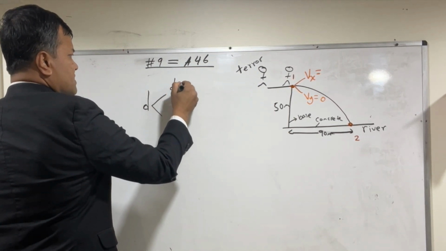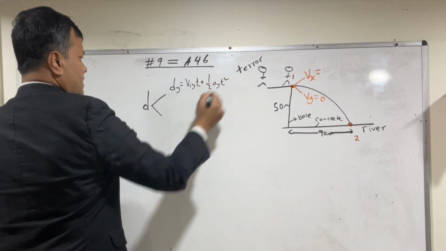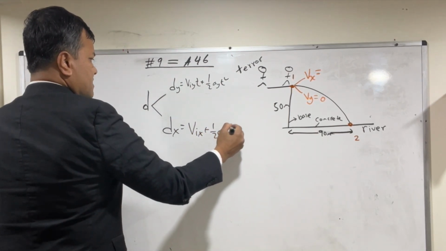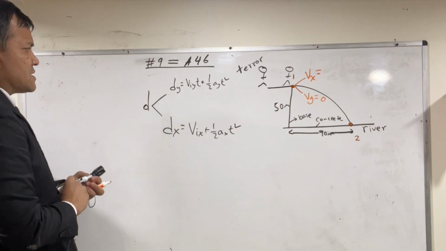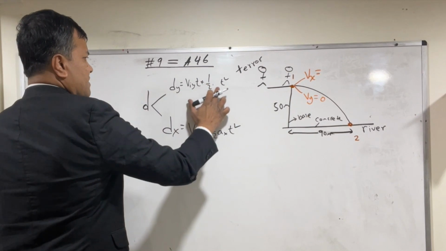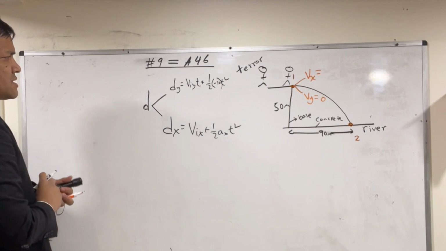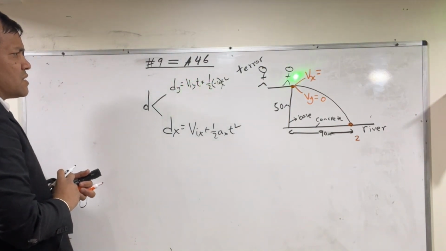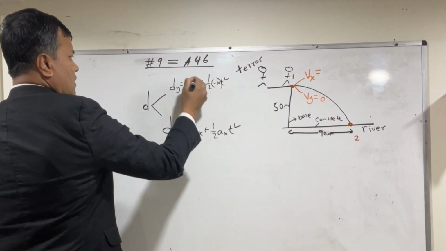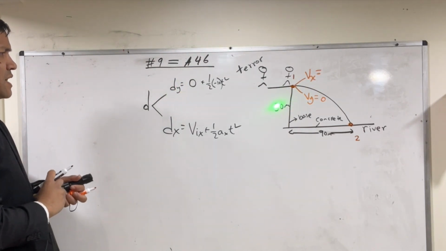So dy is equal to Viy t plus half Ay t squared, and dx is equal to Vix t plus half Ax t squared. Notice that this is acceleration due to gravity, so this is a negative 10. Notice that this one is 0 because this is 0. Notice that this one is negative 50 because this is negative 50.